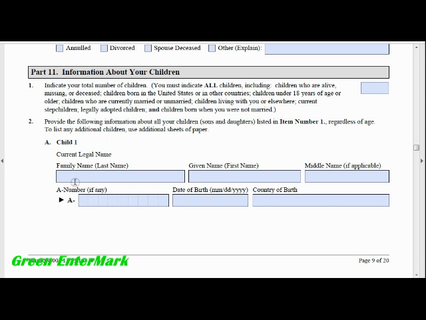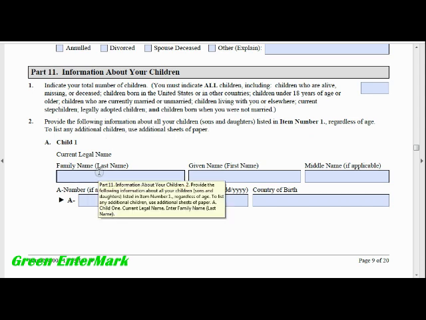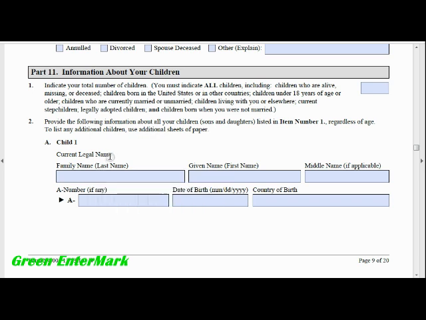In this section, you have to provide all of your children, alive or deceased, or whom you adopted, or your ex-spouse's or your spouse's children, all the children.